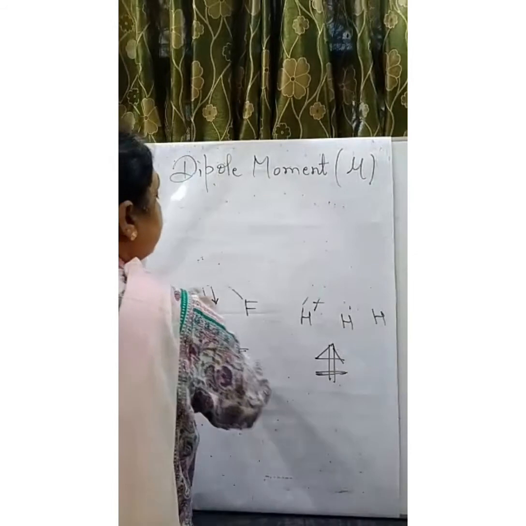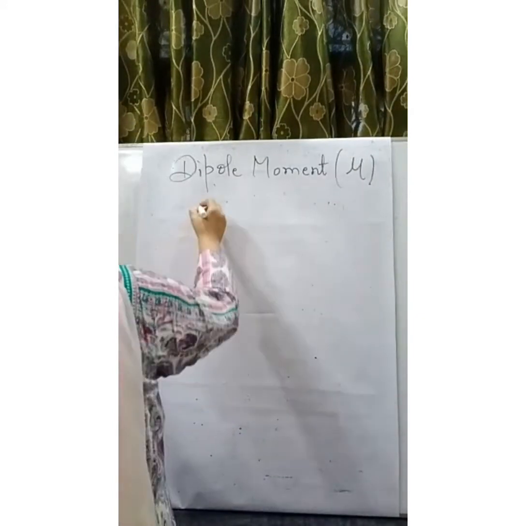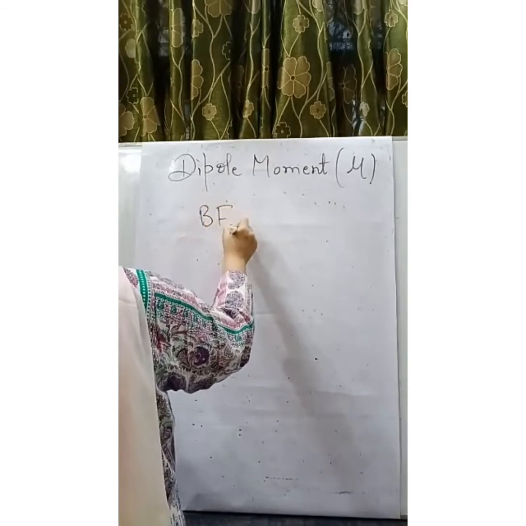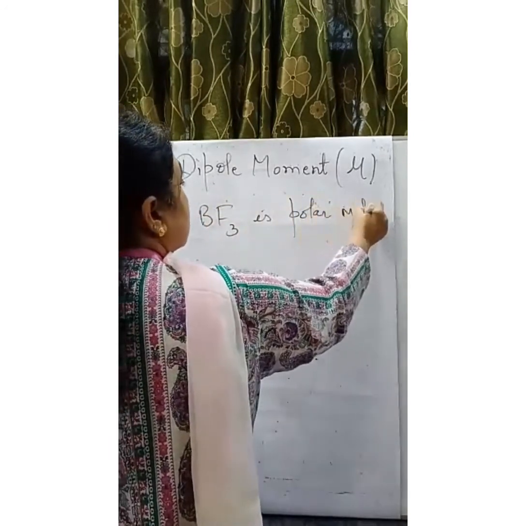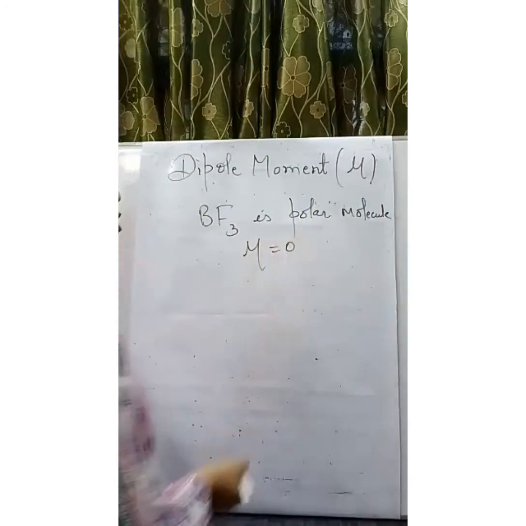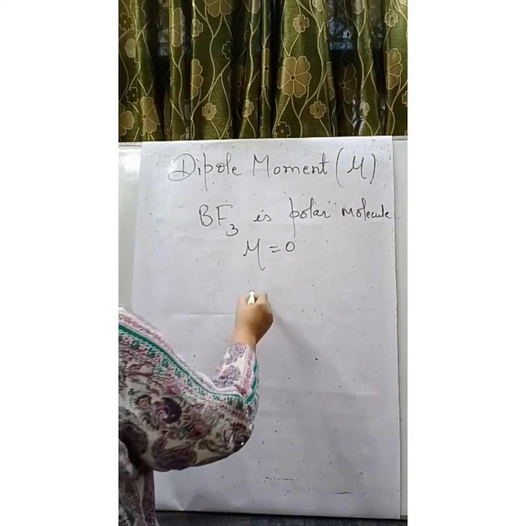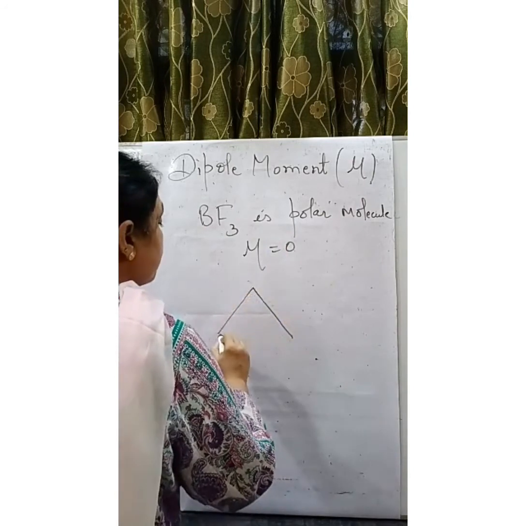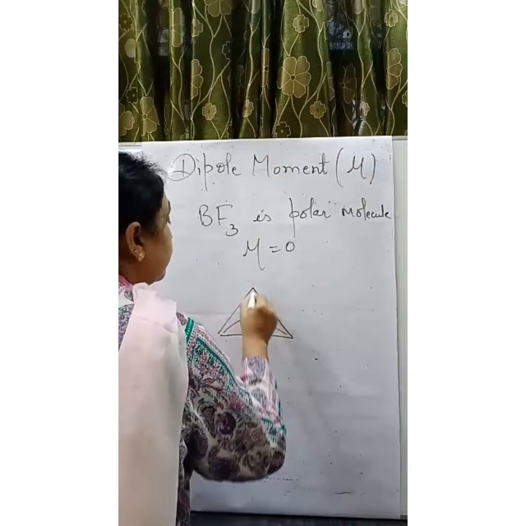Take another example. Even though BF3 is a polar molecule, its dipole moment is 0. How will you explain this? The arrangement of BF3 is in an equilateral triangle.